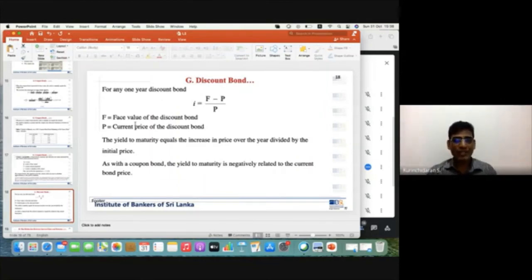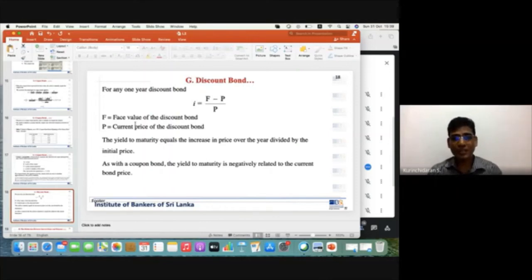For any discount bond, I always take it as 1 year, because if you go with 3 months or 6 months, it's a little bit complex. I just want the interest rate, right? So the interest rate is equal to face value minus price, divided by price. Now face value is 100. You are going to buy it at 90 rupees.